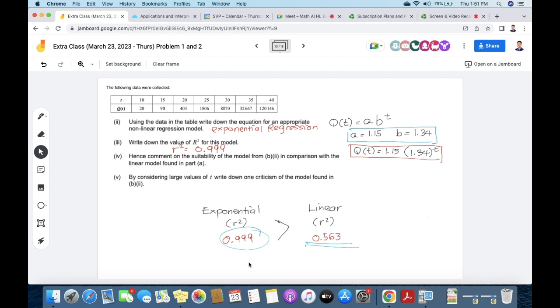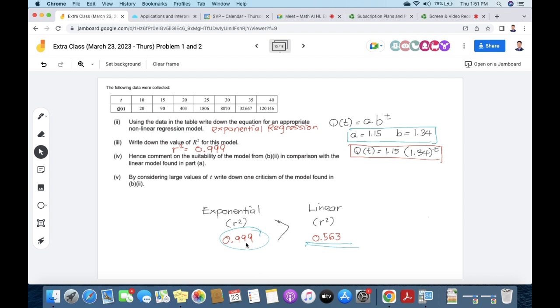Even if you use r, this will still be greater than this. And you can support it with the trend you are seeing in the table. The change grows even more as the number of days increases by the same amount, and that is represented by the r squared. All right, so those are enough evidences to conclude that the second model, the exponential model, is suitable.